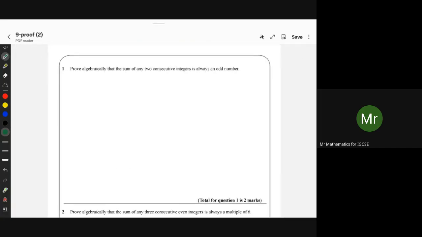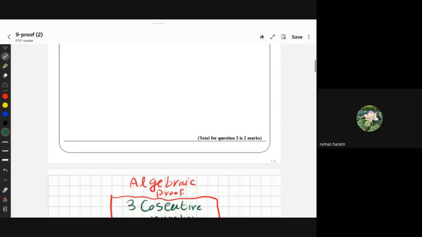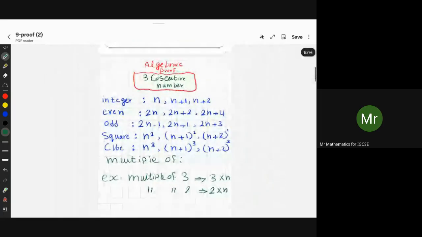Number 1, he said, prove algebraically that the sum of any 2 consecutive integers is always an odd number. Okay, I didn't finish writing. You need to write? Okay, take your time, no problem.